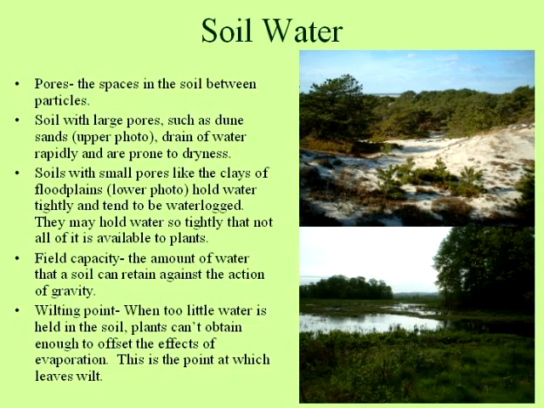In contrast, soil with small pores, especially clay soils, hold water very tightly and can become waterlogged in situations like you see in the lower photograph, areas along rivers. This is a floodplain marsh you're looking at, and that soil that underlays that is wet for most of the year.